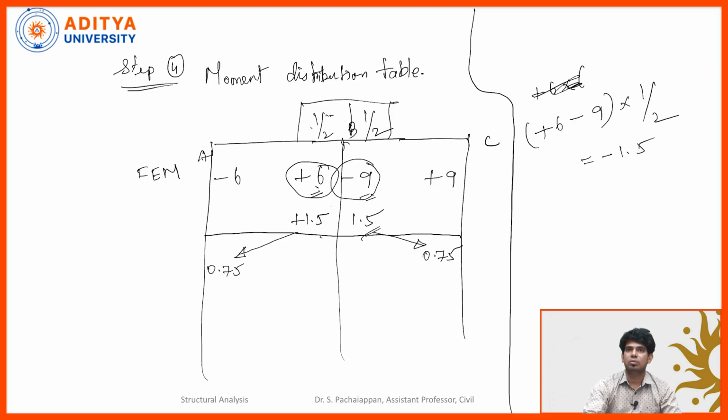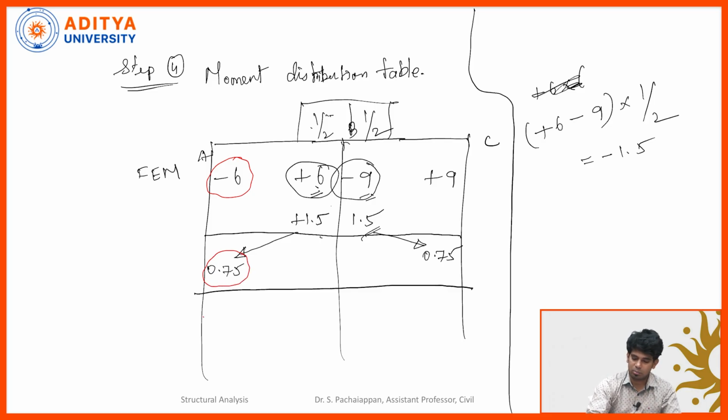Hereafter I cannot distribute any moments and further steps are not possible. So draw the horizontal line and take the summation of these values, which is 6 minus 6 and then 0.75. So I will be getting minus 5.25.